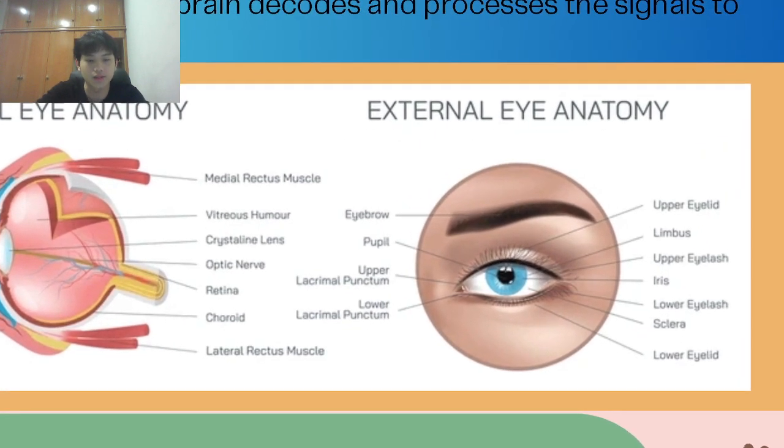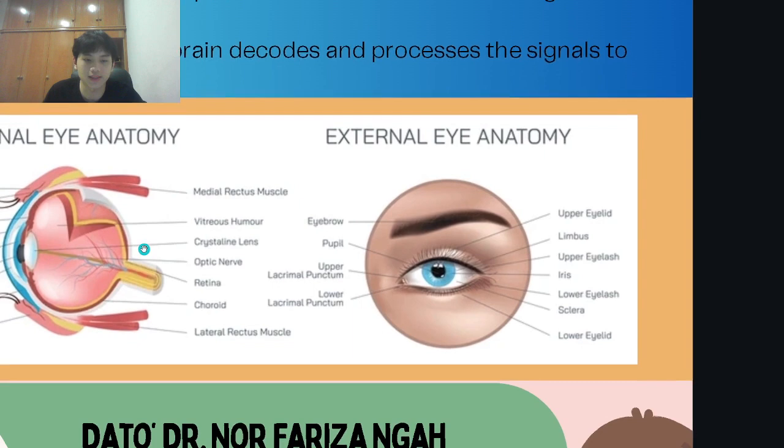Normally the light rays hit the retina spot on. But during short-sightedness or far-sightedness, the light rays tend to converge either in front of or behind the retina. That's why you get short-sightedness or far-sightedness.